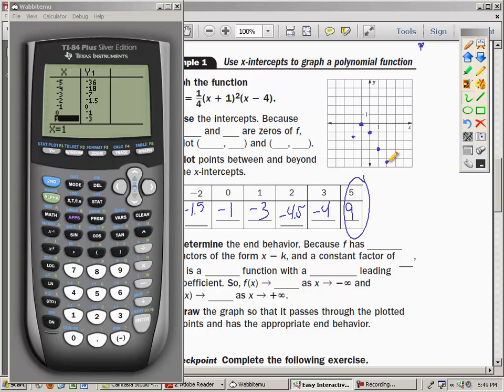When x is 3, y is -4, which is in there. Now, we already know I've got a 0 at 4, that's the 4, 0 that we got from up here. When I had to clear the screen, sorry, I lost that one. And then when x is 5, y is 9, which, like I said, is up in here somewhere. All right, so here's the thing.